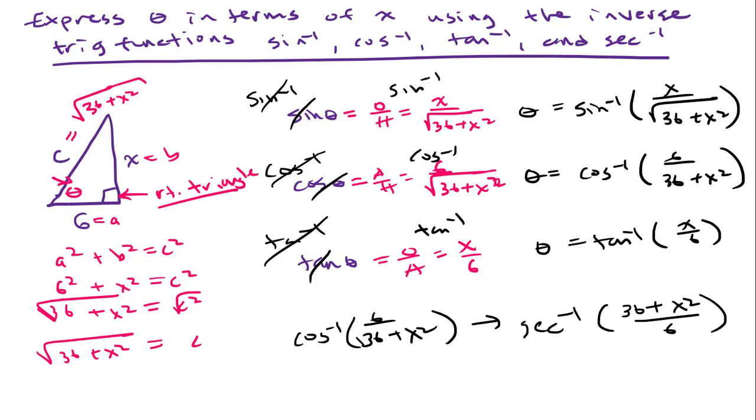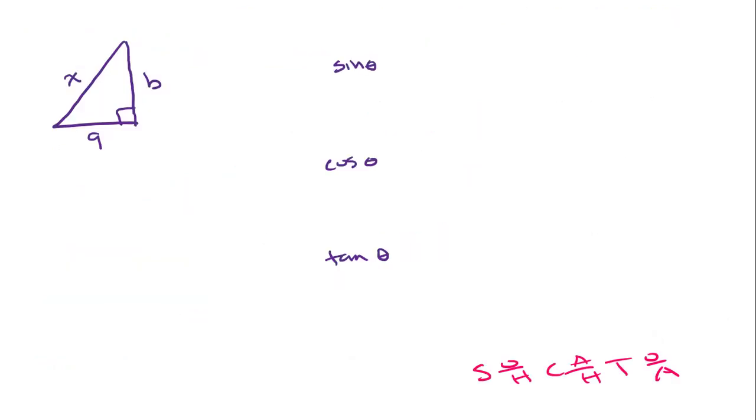And don't forget the square root here. Right? So those are the answers. Okay, so why don't you guys try the next problem here and see if you can figure this out.